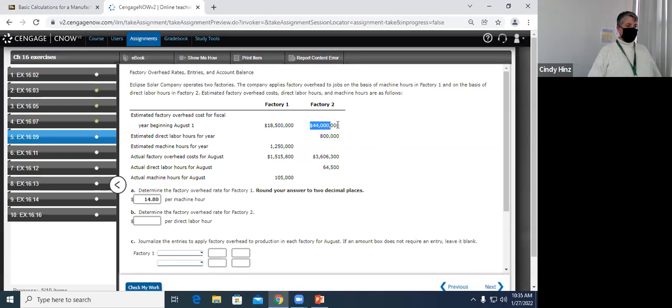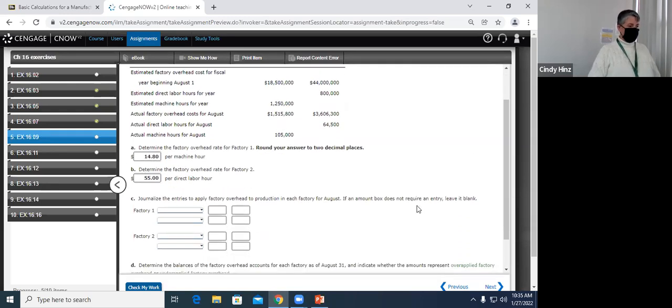Go ahead and do factory 2 on your own, keeping in mind they use direct labor hours at factory 2. So each factory, they decide what they're going to use as their cost driver, then they determine, based on their budgets, what the overhead rate will be.